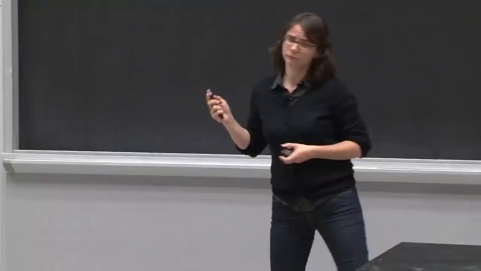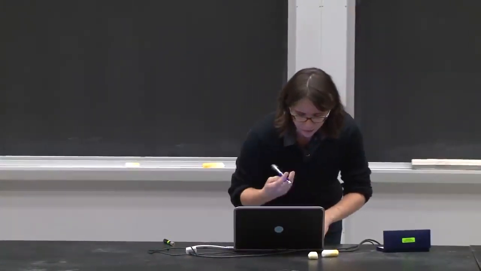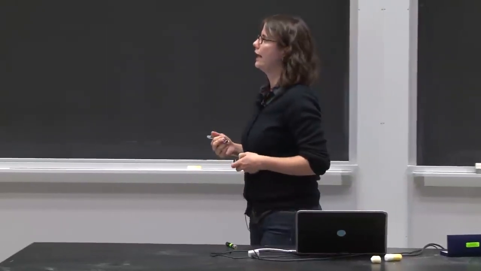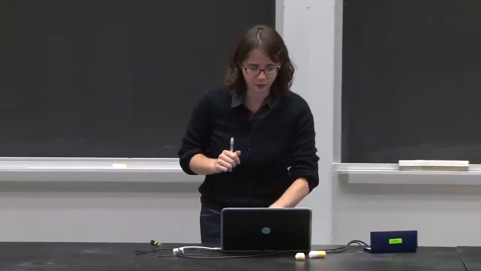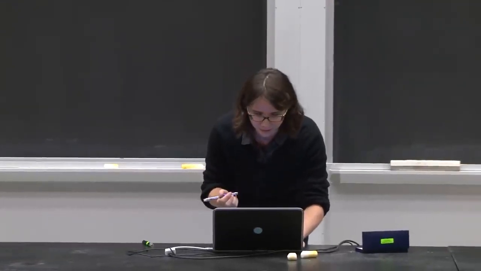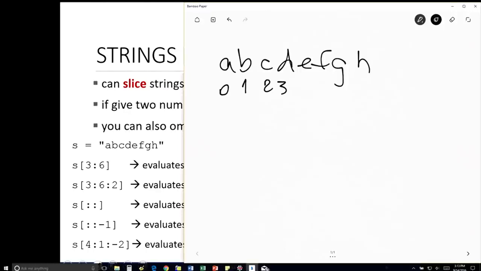Okay? So with this string S, we start from index 3 and go up until index 6. So if we have A, B, C, D, E, F, G, H, right? This is position 0, 1, 2, 3, 4, 5, 6, 7.